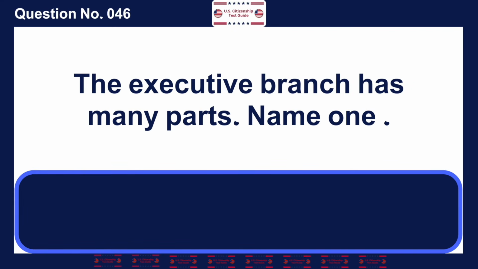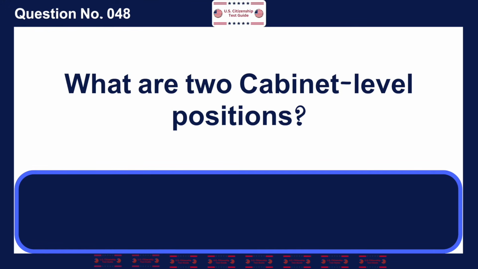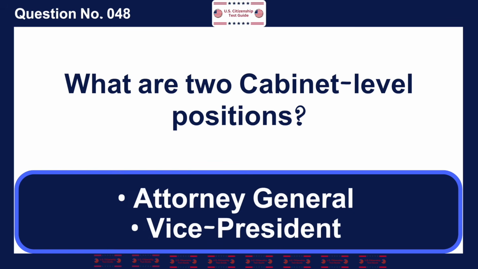The executive branch has many parts. Name one. President. What are two cabinet-level positions? Attorney General.